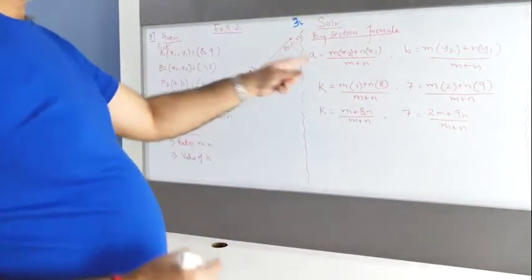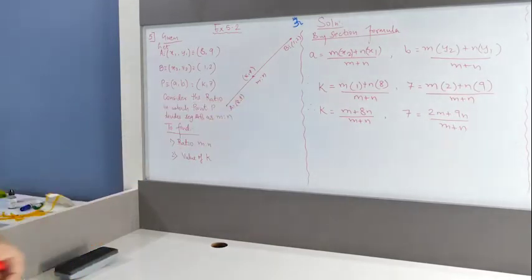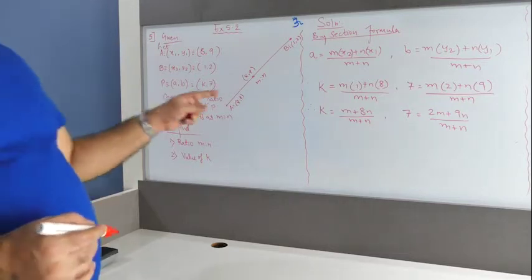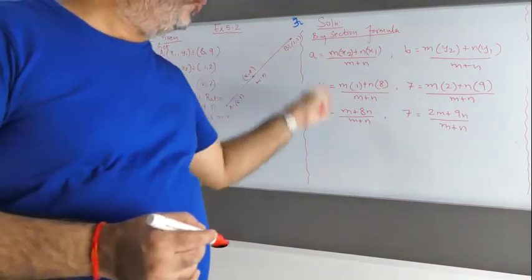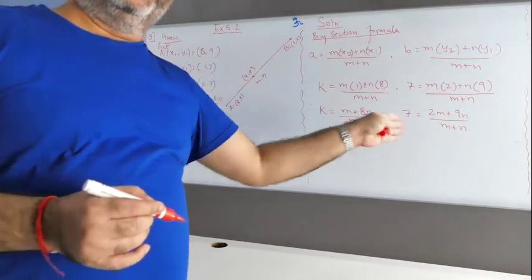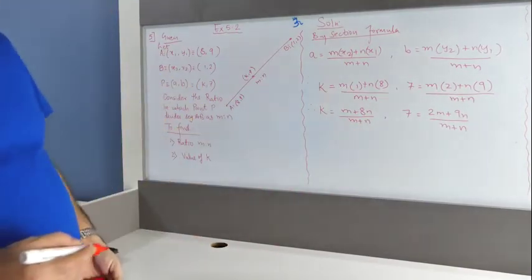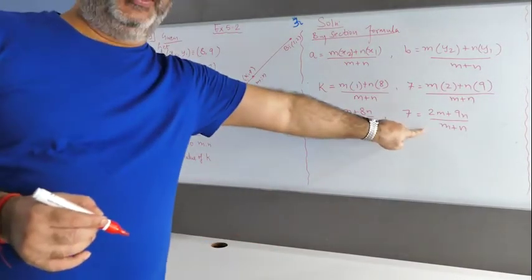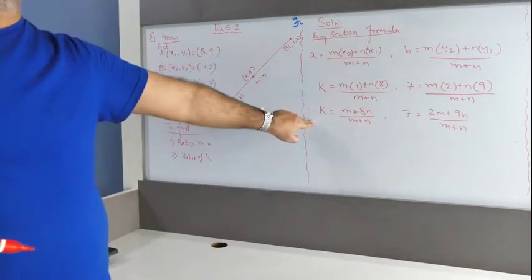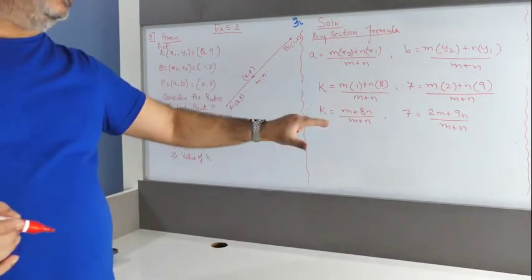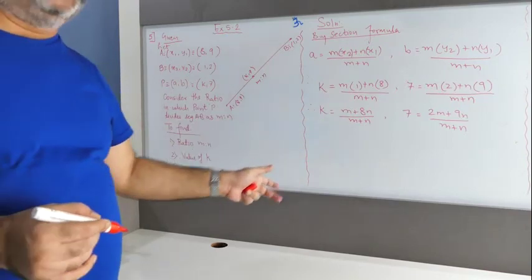Now, we did an earlier problem in this exercise, problem number 3, where you found out the ratio m is to n. I told you that you need any one of these to find out the ratio, right? So here also we will use this and find out the ratio m is to n, and then once we get m is to n, we will substitute here and get the value of k. So that is the way we are going to approach this problem.